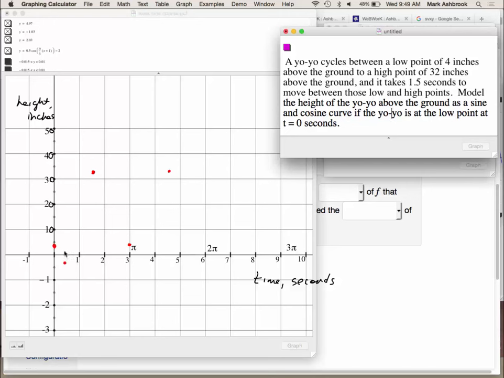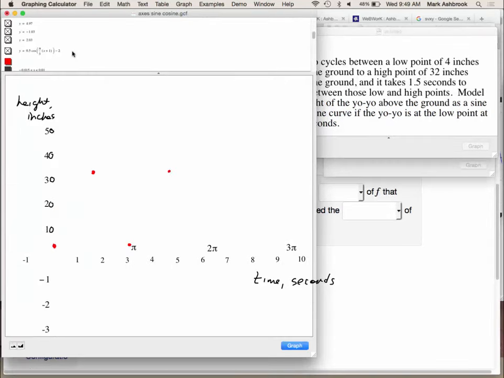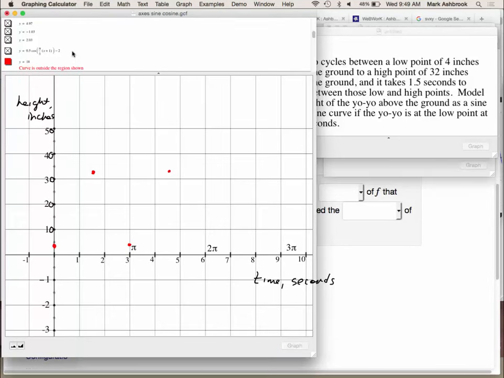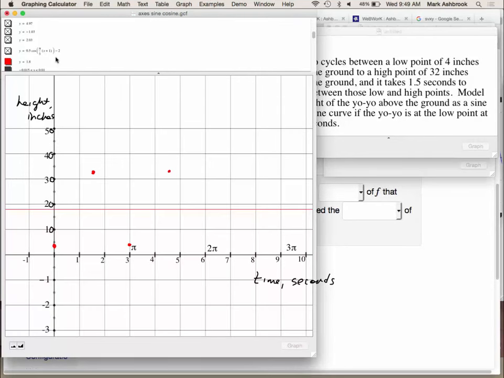What is our midline? It's going to be halfway between the max and the min. 18 is our midline, so let's sketch that. I'm just going to put that in here. Okay, so there's a midline.